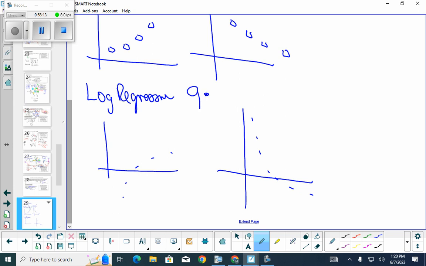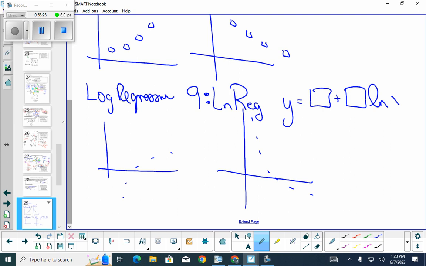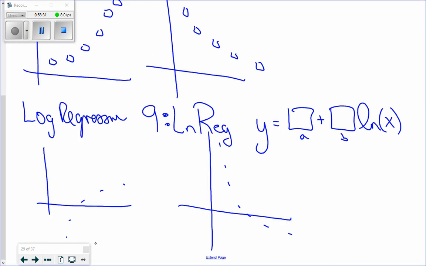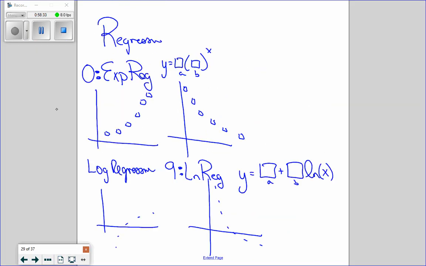Letter 9, it says LN reg. Like that. So read the question carefully as to whether or not the question says exponential regression or logarithmic regression.